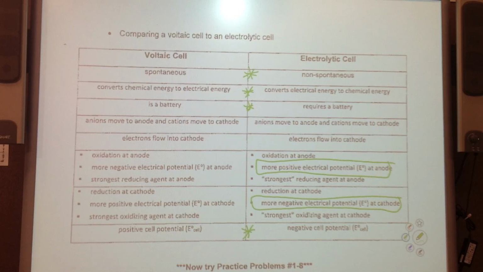So that's why when you draw your pictures, you need to be paying attention to what you're seeing. If a picture is provided for you, is it a voltmeter, or is it a battery? Because that's going to be one of your key clues.